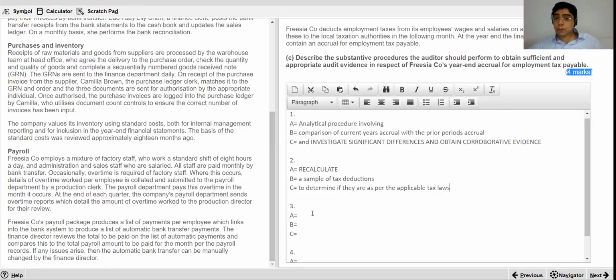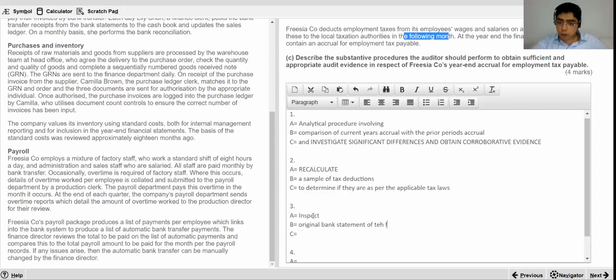Then, if at the year end their employment tax is payable, it would be paid in the following month, right? So you could compare the accrual with the actual payment. So how would you do that? You could inspect original bank statement. Which bank statement?